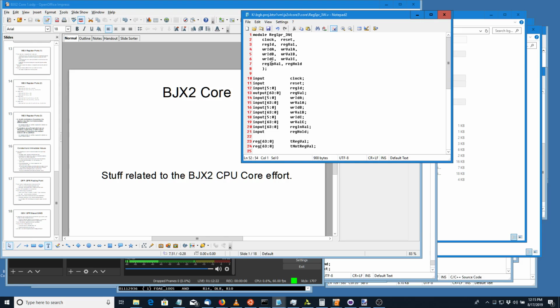There's an input value useful for side modification, which is common for special purpose registers, and a hold input for whether or not the pipeline is held. In cases where the pipeline is held, we typically don't update the registers until after the pipeline is no longer held. That's how that works.